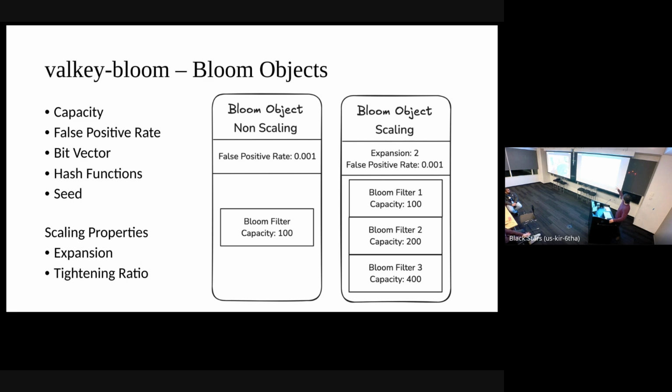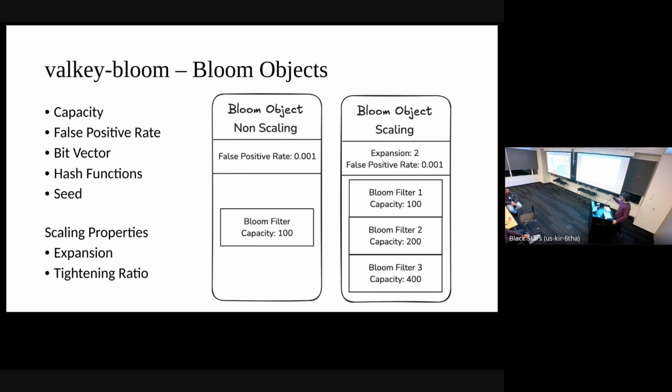Here in this example, the expansion rate is 2. So 2 times 100 is 200. So I have a capacity for 200 within this Bloom filter. And it continues. If I add 200, the 201st item add would trigger another scale up. So you have the third that gets added. With this, you can continue scaling your Bloom filter.